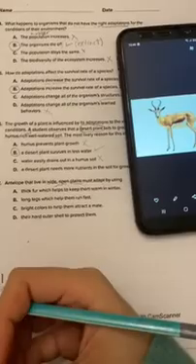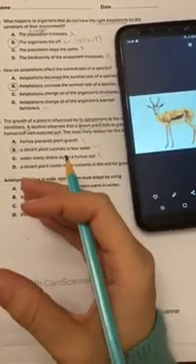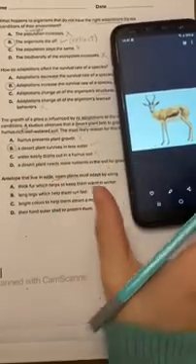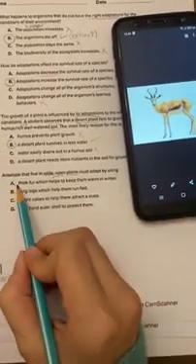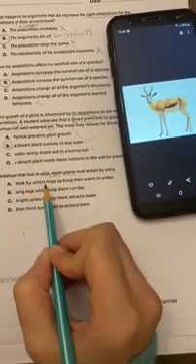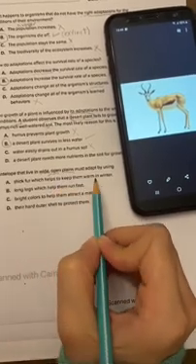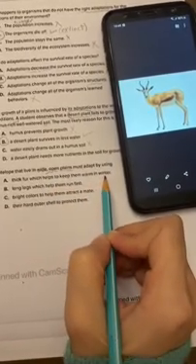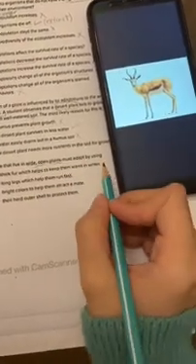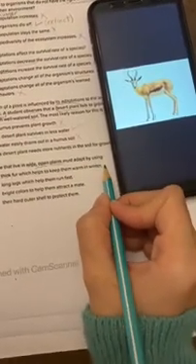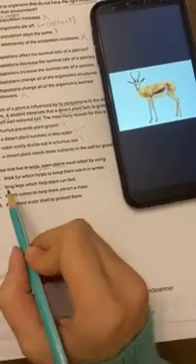They don't have a place to hide in it or behind it. So what is the right adaptation that they are going to use? A. Thick fur, which helps to keep them warm in winter. Do they need thick fur in an open plain? We will see the answers, but no.